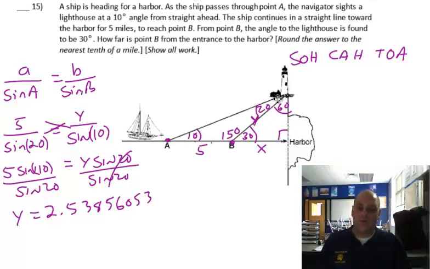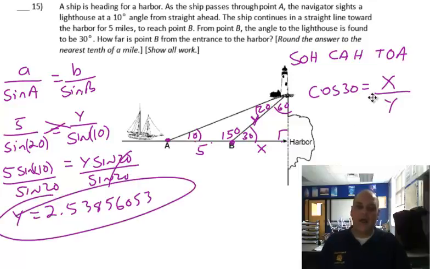So now over here, okay, I got 30 and I got my adjacent and hypotenuse. So I could do cosine 30 equals x over y. But that's okay, I know my y. I can plug that in. So cosine 30 equals x over 2.5 blah blah blah. That whole number there.